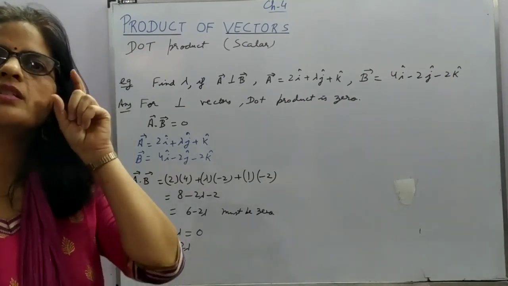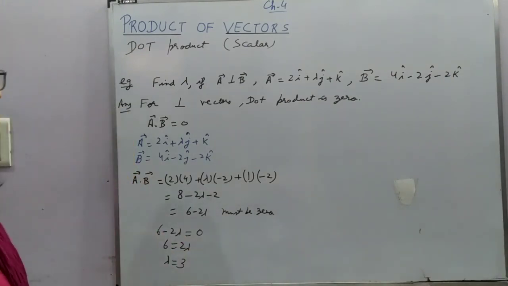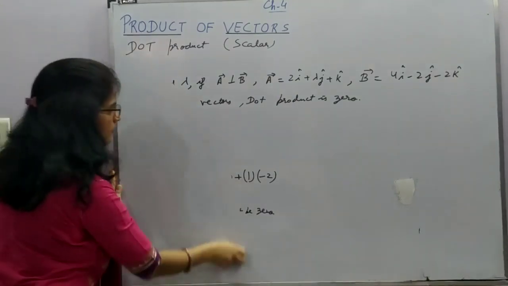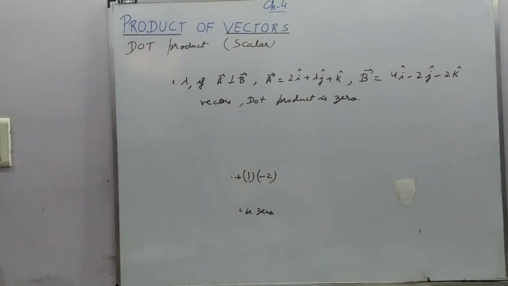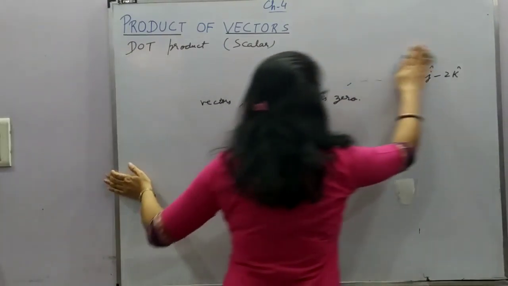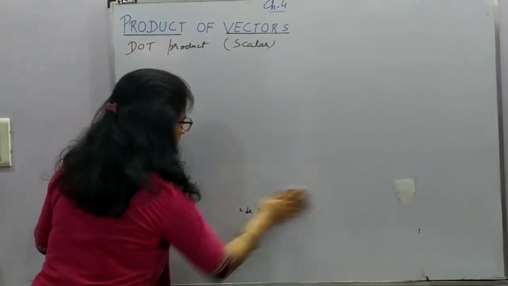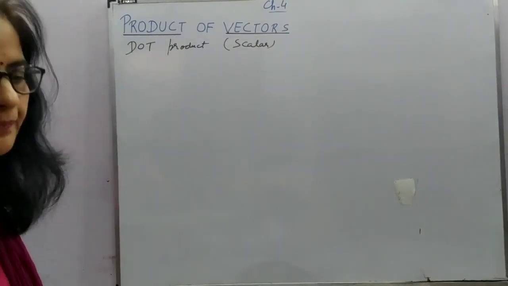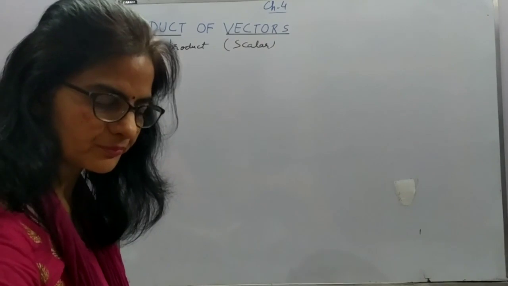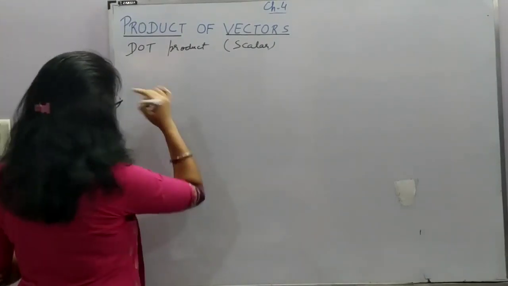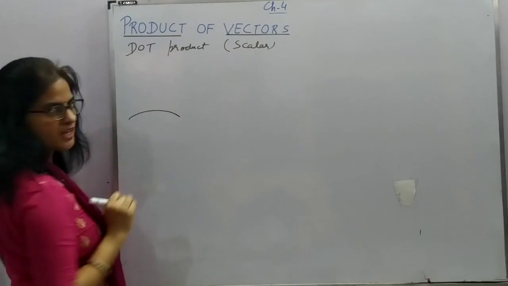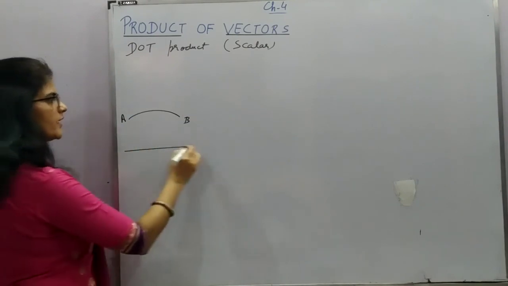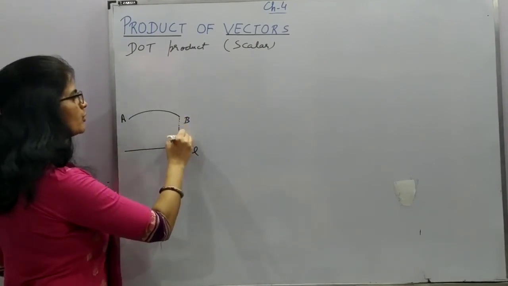Now we need to understand what is the geometrical interpretation of dot product. So for the geometrical interpretation, we need to understand the meaning of projection. Projection means, if you are given an arc, suppose AB is an arc and you want to find the projection on this line L, then what do we do?